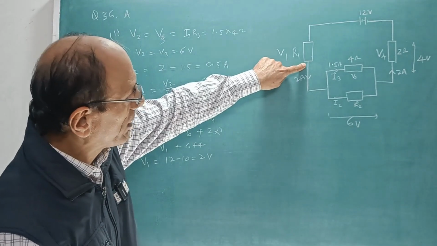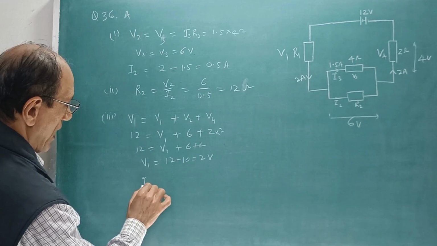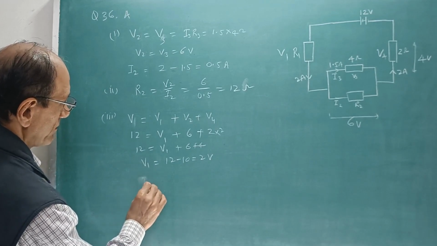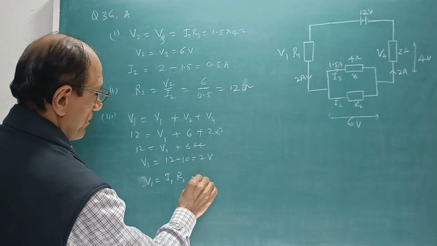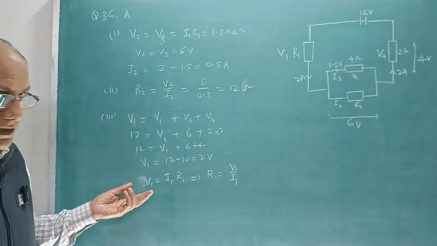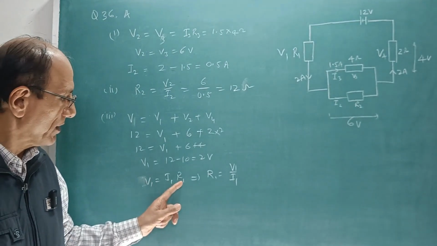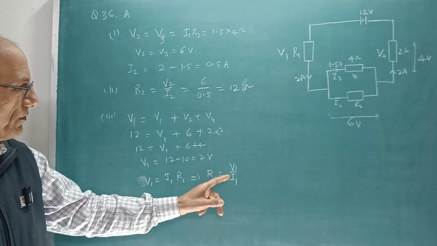And since I1 is 2 ampere, V1 is equal to I1 R1. That means R1 is equal to V1 by I1. V is equal to IR, so V1 is equal to I1 R1. So R1 is equal to V1 upon I1.